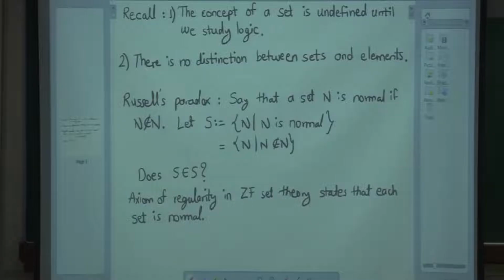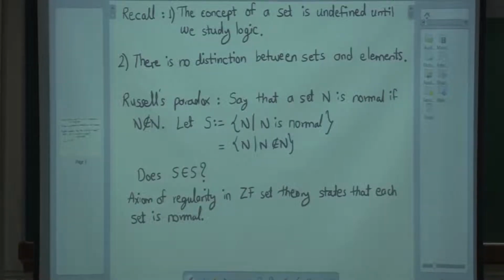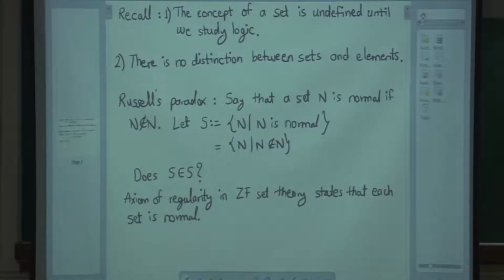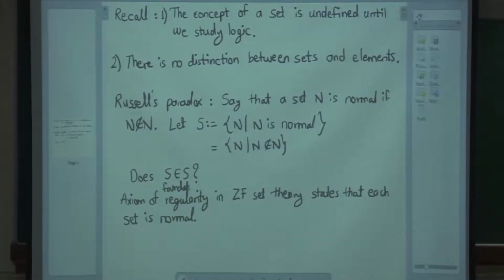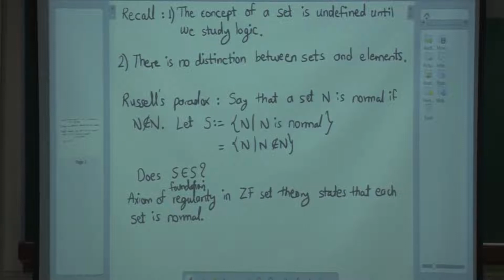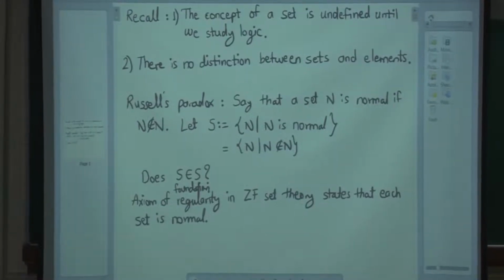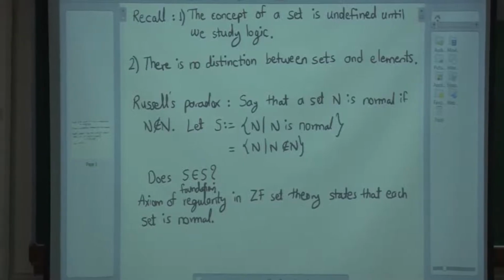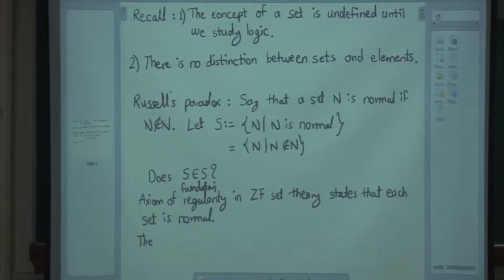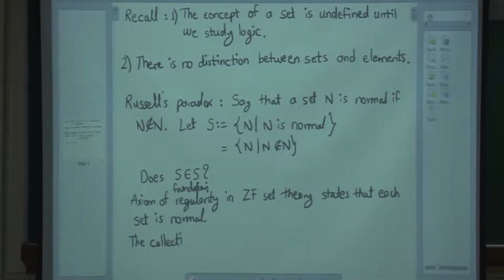So no set belongs to itself. Otherwise, we'll get a decreasing sequence: this is a set A, then A is an element of A is an element of A is an element of A. There is another name for this, I will also write that: it's called the axiom of foundation. I am not going to state the axiom of foundation at this moment, but it implies that no set can belong to itself. And there is also a provision: the collection of all sets is not a set.